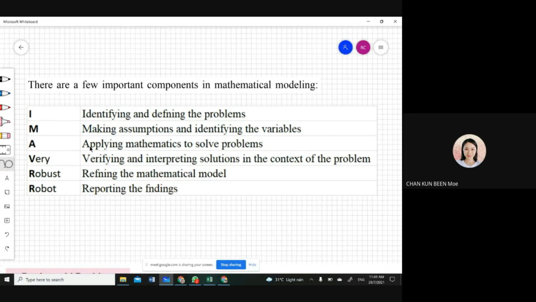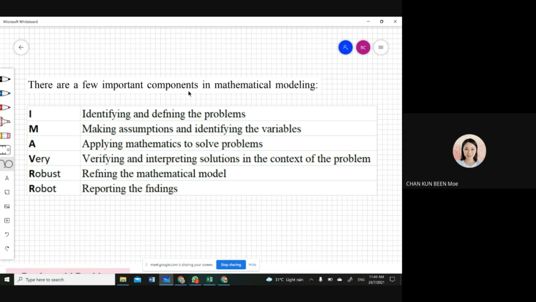A stands for applying mathematics to solve problems. V, verifying and interpreting solutions in the context of the problem. R, refining the mathematical model. And the last R, reporting the findings. After you finish everything, you report what you have found out.